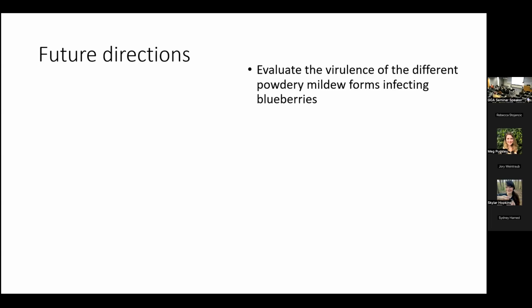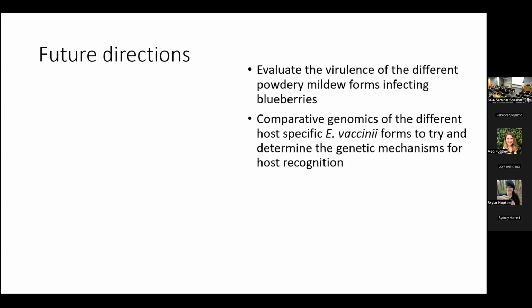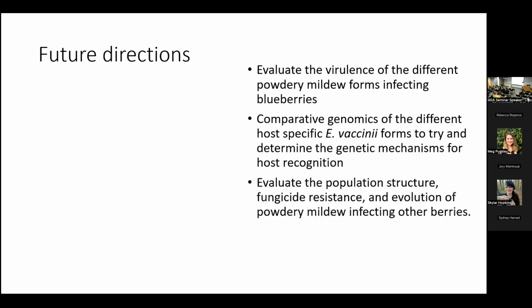So we can evaluate the virulence of all these different powdery mildew forms infecting blueberries, kind of how I alluded to before. Compare genomics of the different host-specific Yersinia vaccinii forms. These powdery mildews, if you take a single gene, they're 99.9% identical to each other, but they've evolved to infect different hosts and you can't cross-inoculate them. So that will be really interesting.